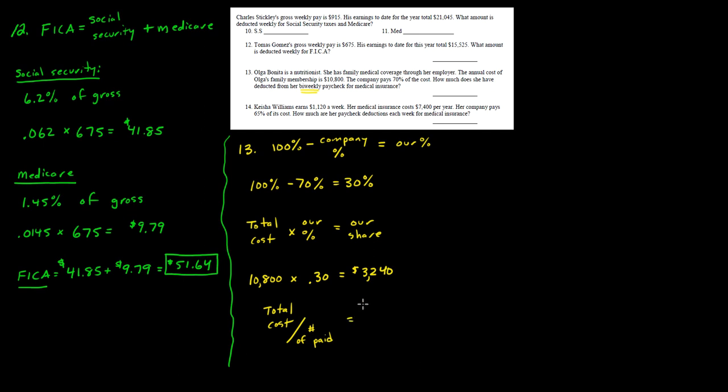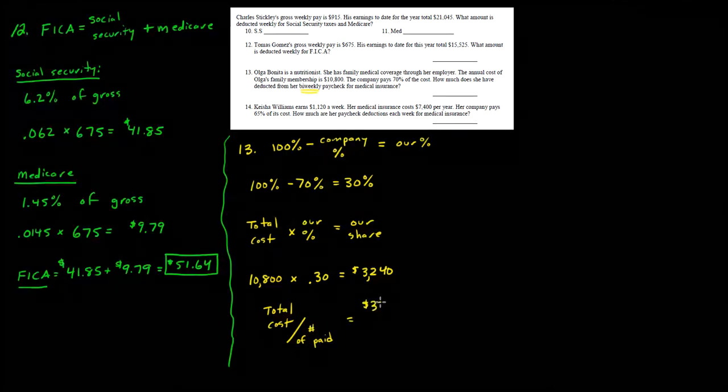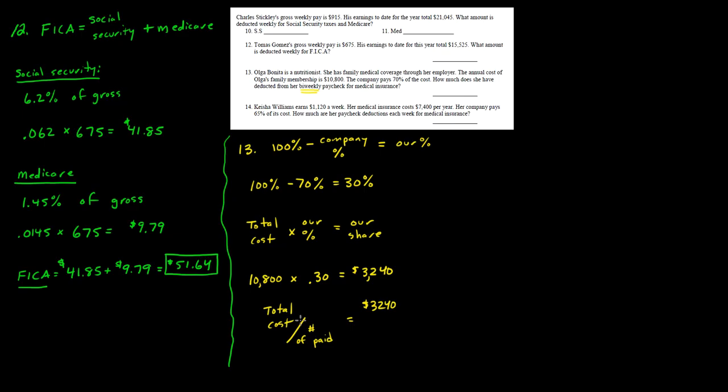So we take the 3240, which is our total cost, divided by the number of times we're paid. If we're paid biweekly, that's 26 times.